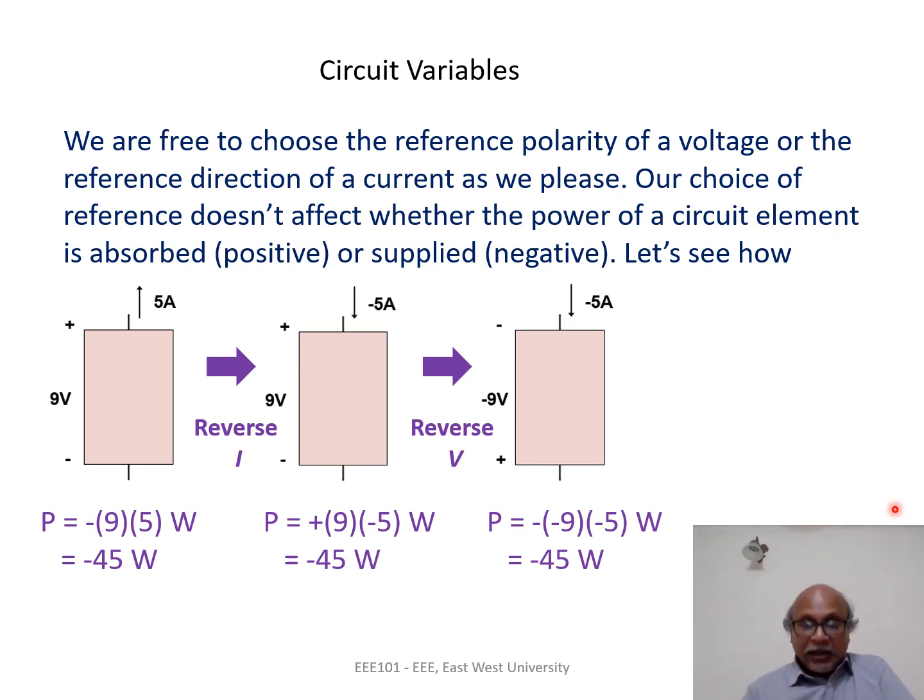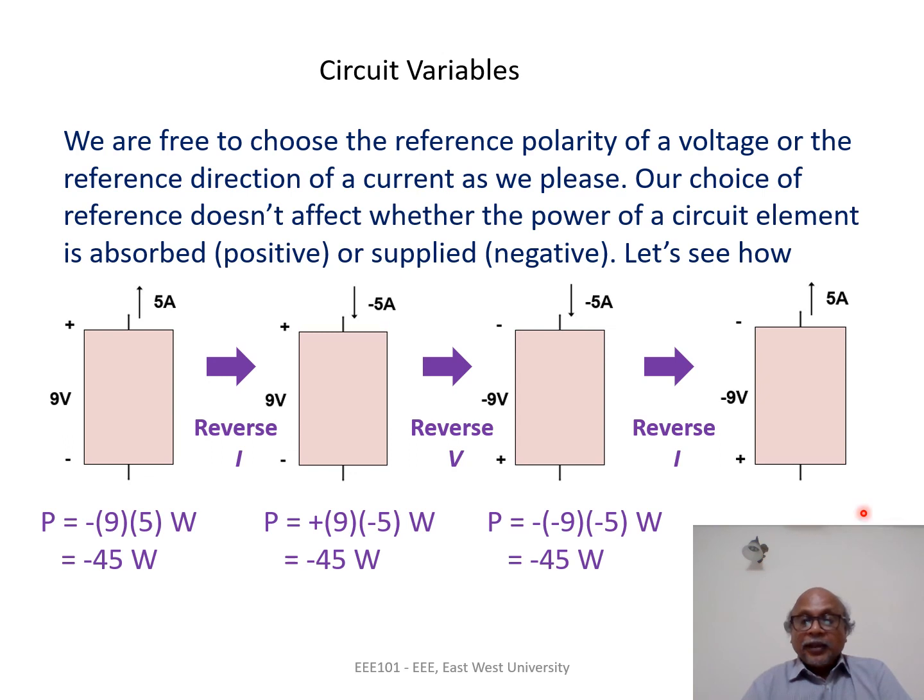There can be another possibility. I reverse the direction of the current again. I choose the current upward, and for upward direction, the current is plus 5 ampere. Okay. Now, in this fourth case, the current is leaving through the minus of the voltage. That means current is entering through the plus of the voltage. In other words, passive sign convention is satisfied.